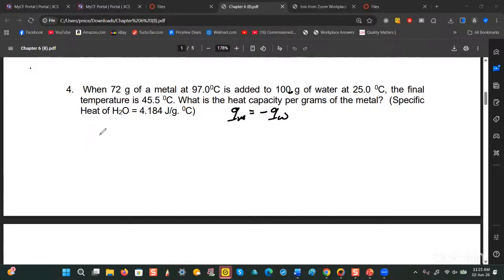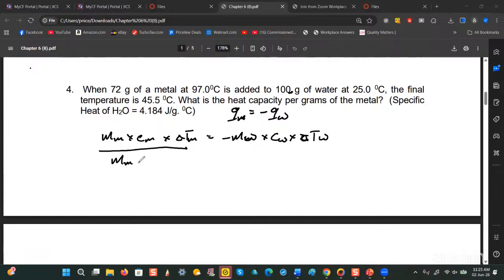The equations with the mass, the specific heat and the delta T. I would say we should put the water in. Is equal to minus MW times specific heat of water times delta TW. And then what? Just divide by the mass and the change in temperature, so you have the specific heat on one side.